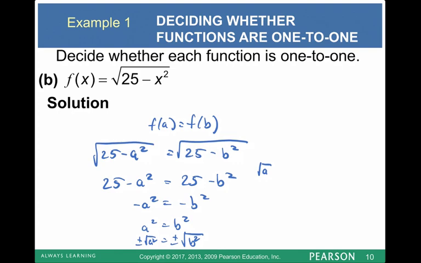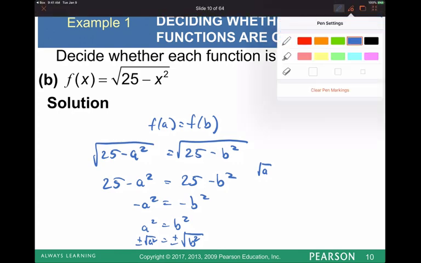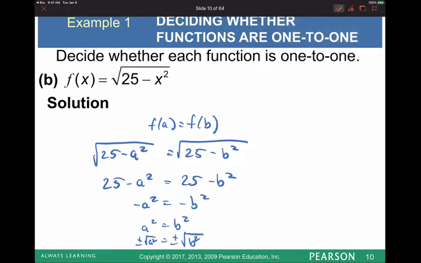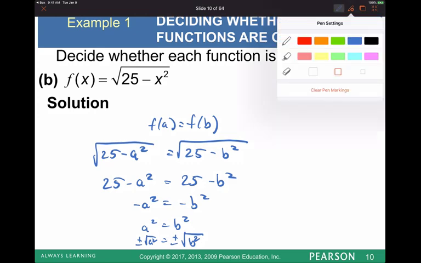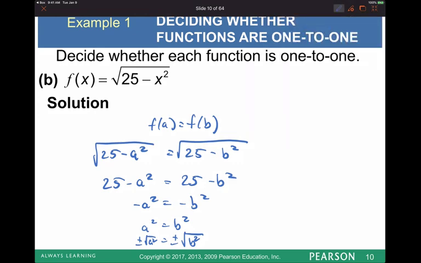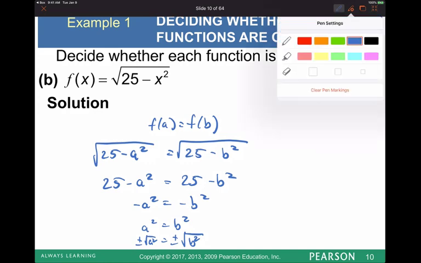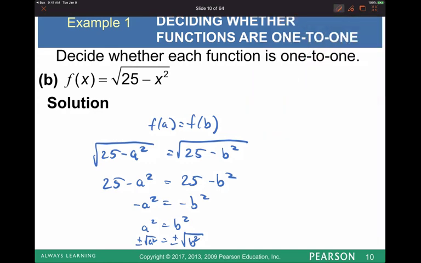So then, let's erase. Okay, anyway. So then we get plus or minus a equals plus or minus b, right?